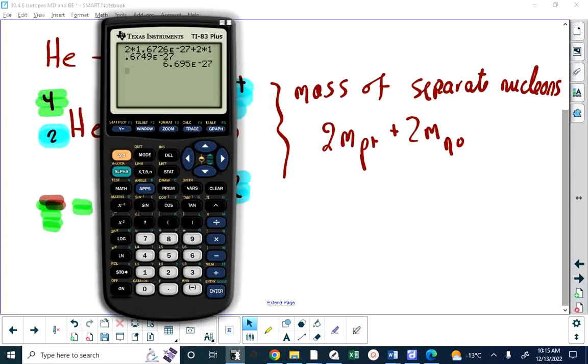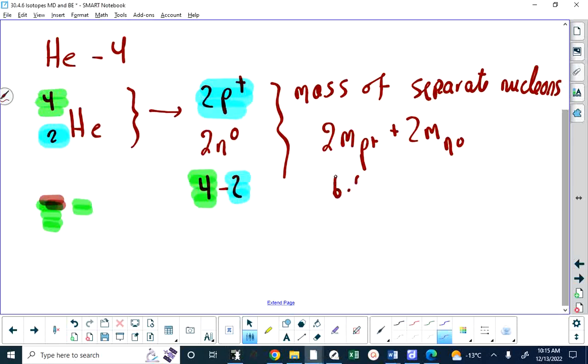So I get this number, 6.695 times 10 to the negative 27 kilograms. Do you get the same number? Okay. So what is the mass defect?